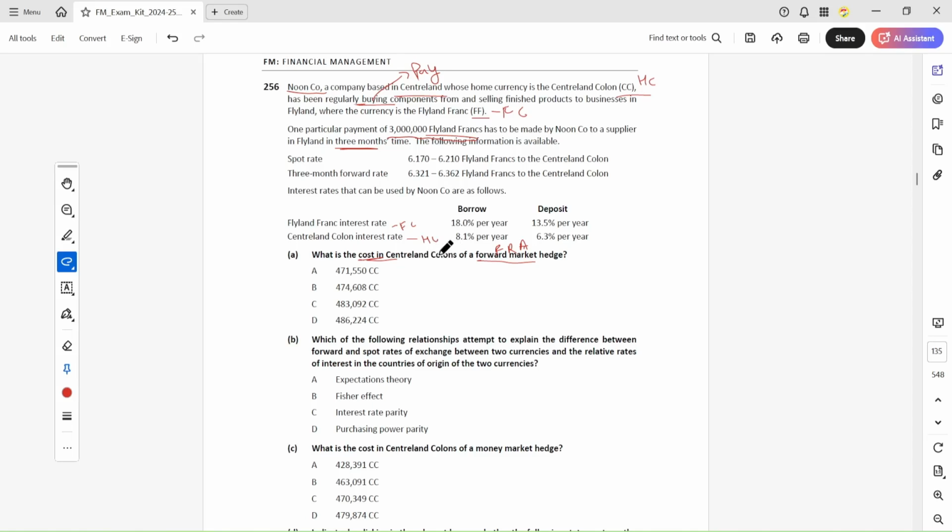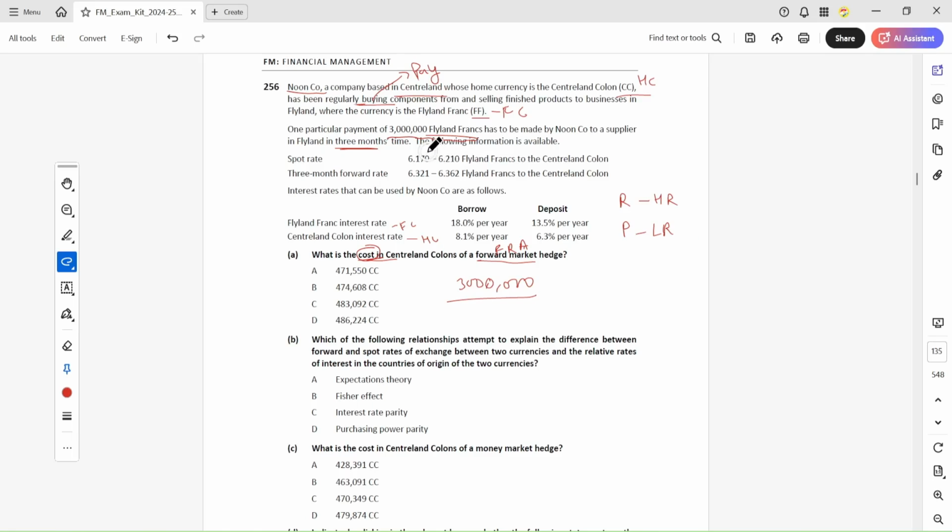What is the cost according to the forward rate agreement in 3 months' time? We have to pay 300,000, and we divide it by the rate. Because we are paying, we use the lower rate. When we pay we use the lower rate, and when we receive we use the higher rate.